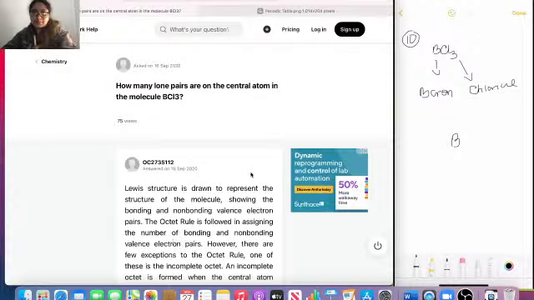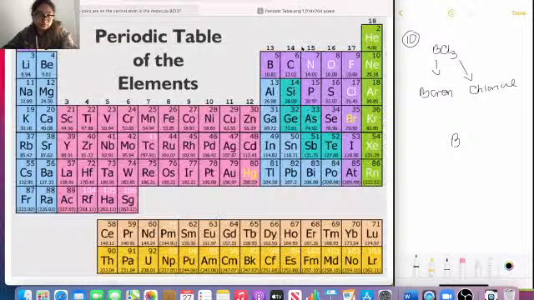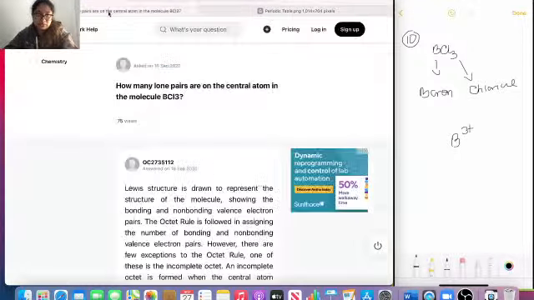So if we look at our periodic table, this is boron. It's in group 3, so you know it has 3 valence electrons. So it's positive 3, right? So then when we are drawing this molecule, we would have 3 pairs of electrons, right? Because it has valence electrons of 3. And so chlorine has 7 valence electrons, and it just needs to accept 1 more.